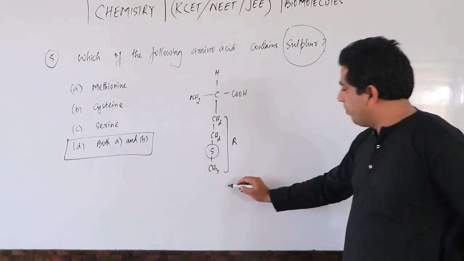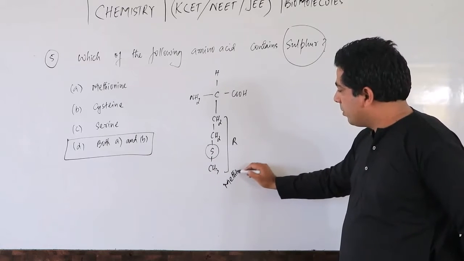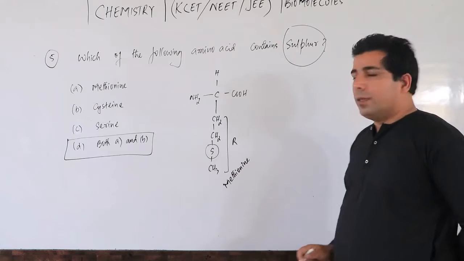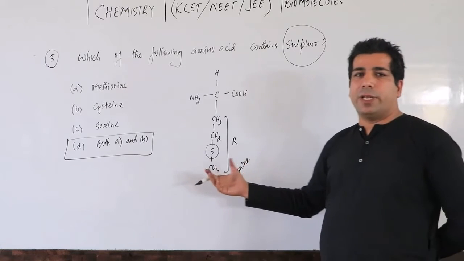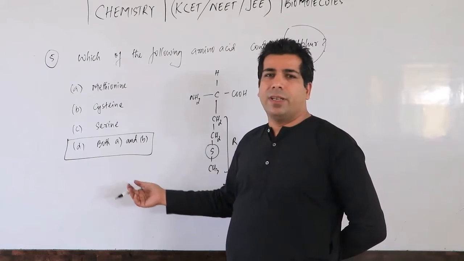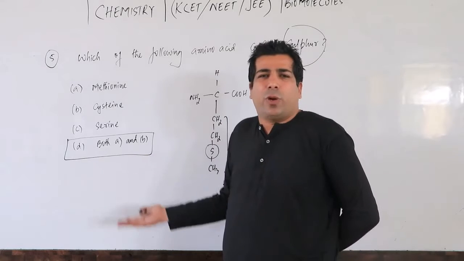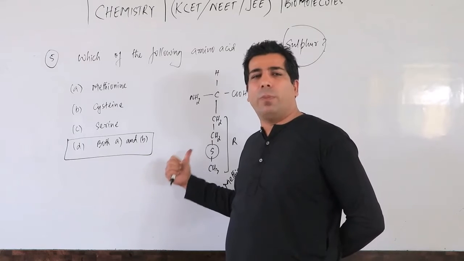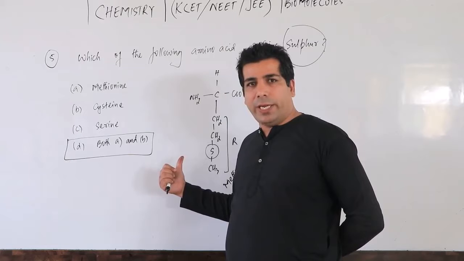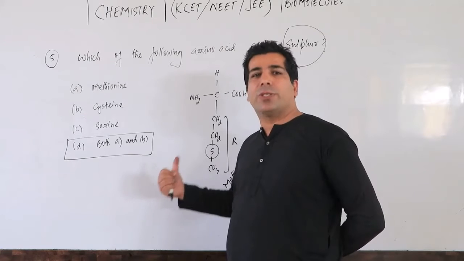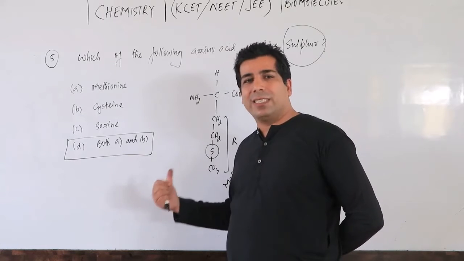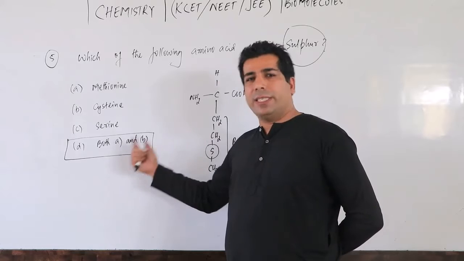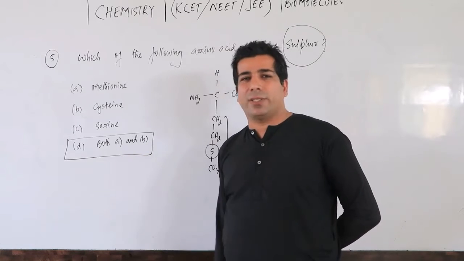So this is our methionine. I am just telling you how they contain sulfur. You can directly write down your answer and you are done. If you have properly read the concept and visualized the structures, you can do this question in just 1 or 2 seconds.